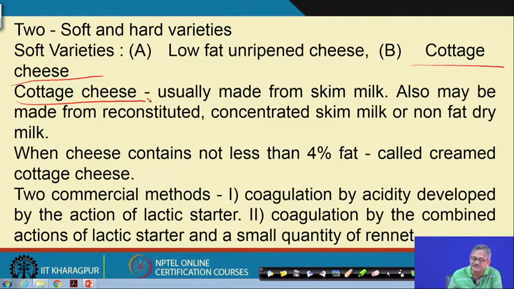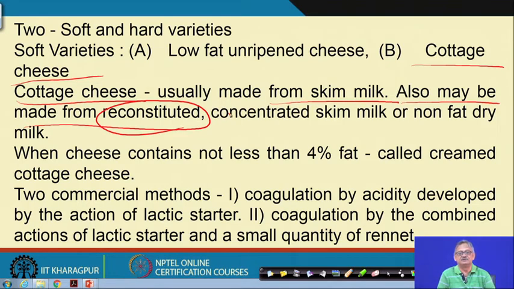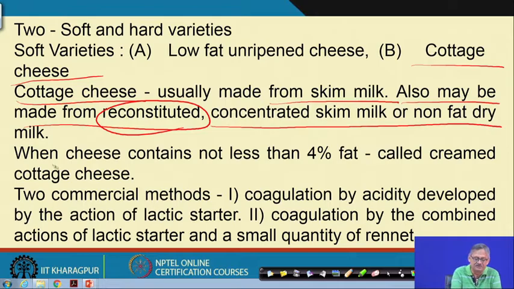Cottage cheese is usually made from skim milk, and may also be made from reconstituted milk, which we discussed the other day, right. You have powdered milk that is reconstituted, and concentrated skim milk or non-fat dry milk. Any one could be used for cottage cheese.